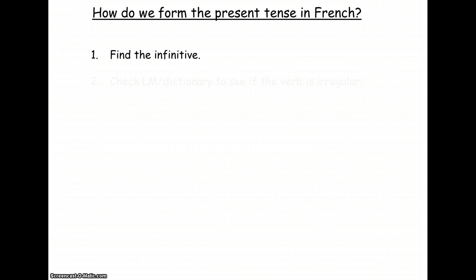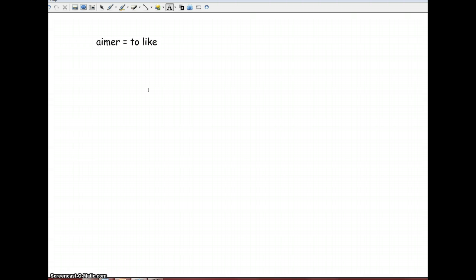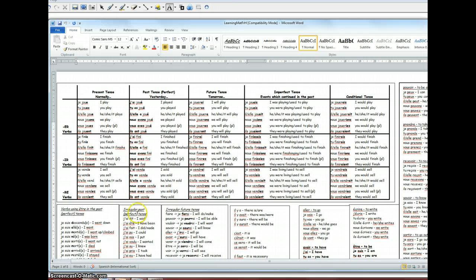Okay, and once we've got that, we need to check the learning mat or the dictionary to see if the verb's irregular. You'll have to have a look in your own dictionary, but it is aimer, so it is an ER verb. And we now need to check our learning mat to see if we can see it as an irregular verb.